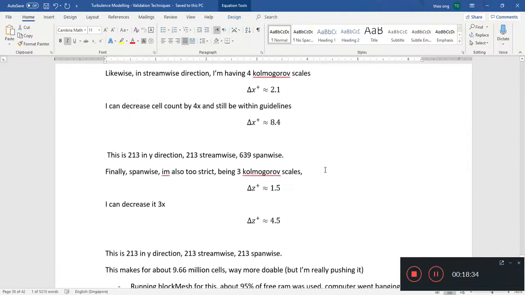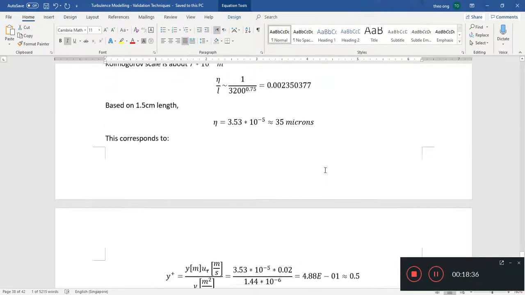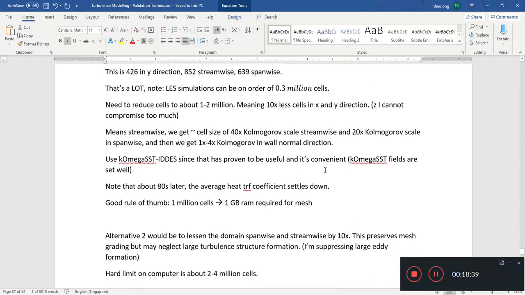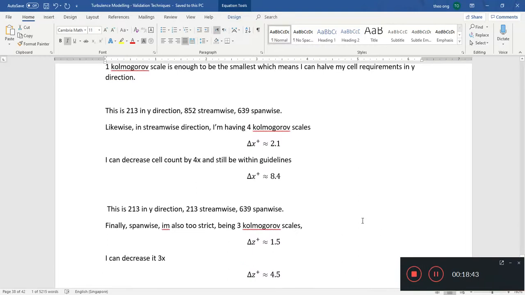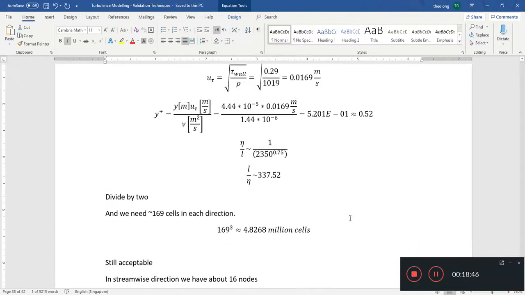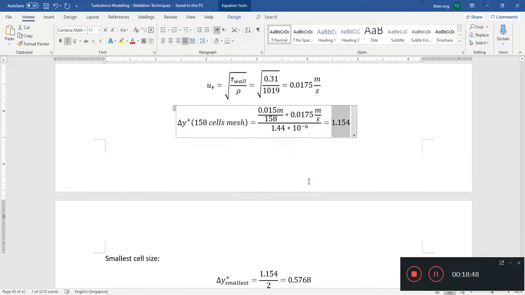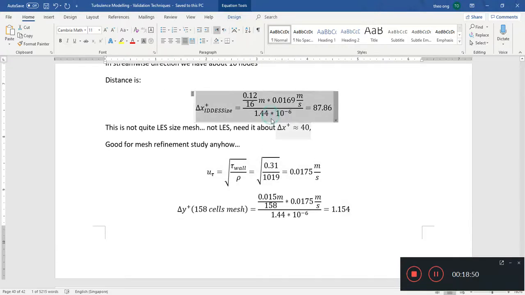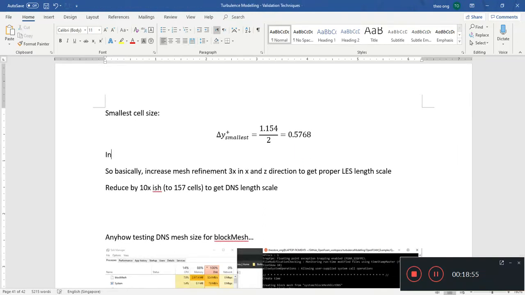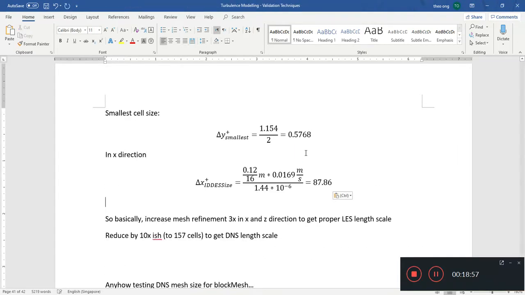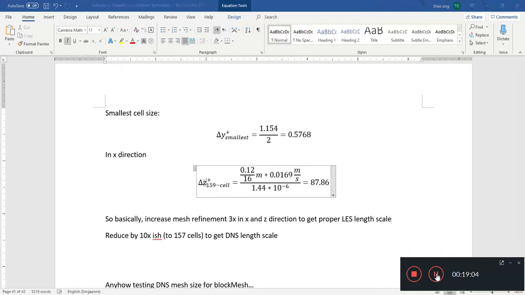And if you want to look at your delta z plus and everything, if you take this size in the x direction, or rather delta z plus, that's more interesting to see.